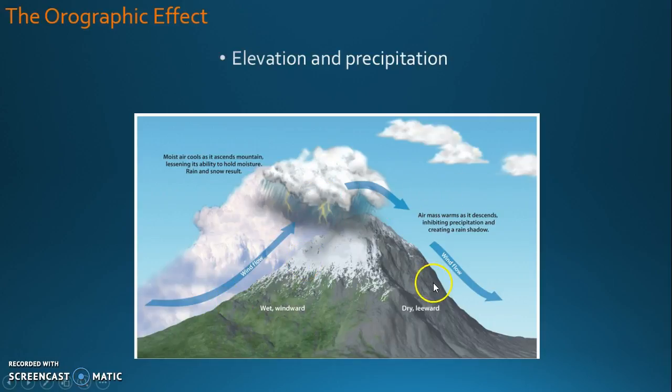The back side of the mountain tends to be dry. We see that here in California, for instance, with the Sierra Mountains, our main mountain range. The western side of the mountains is a lot wetter than the eastern side, because that's the side that is facing the wind flow.